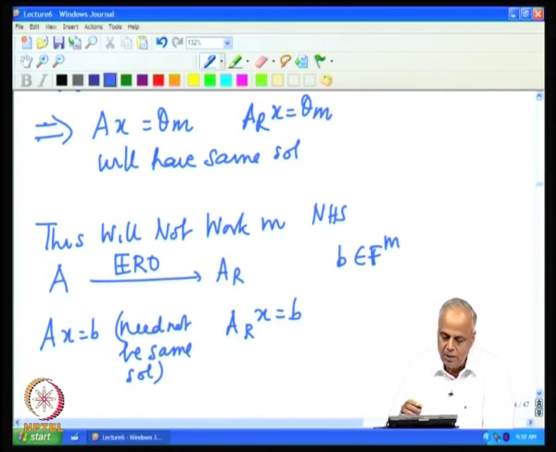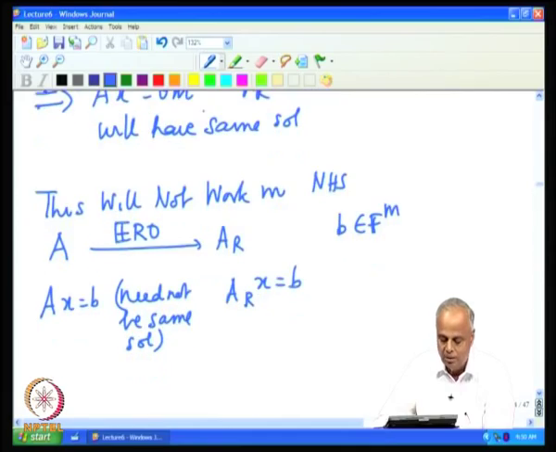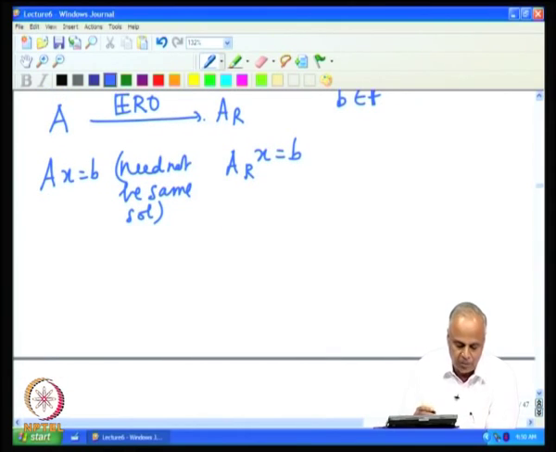Previously, in the homogeneous system, we retained the same right hand sides on both sides, but now if we try to retain the same right hand sides, the systems are not going to be equivalent, because the right hand sides will change.